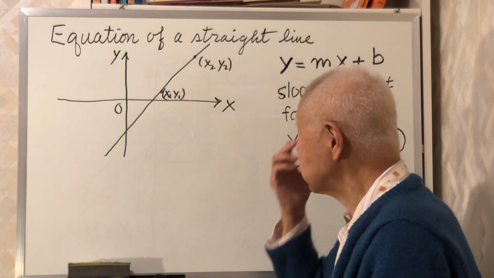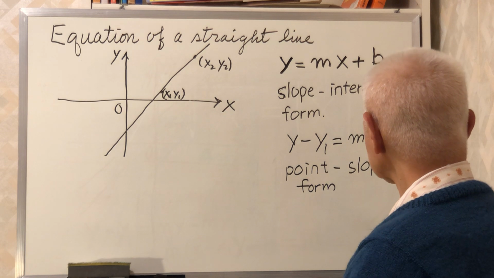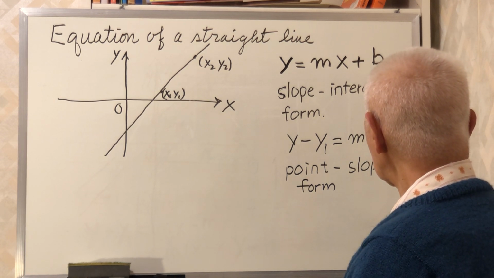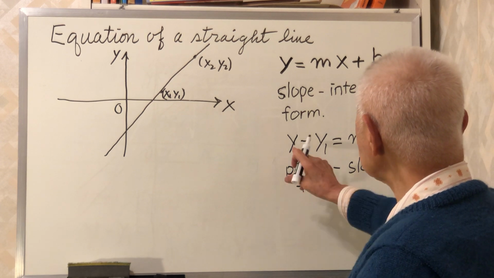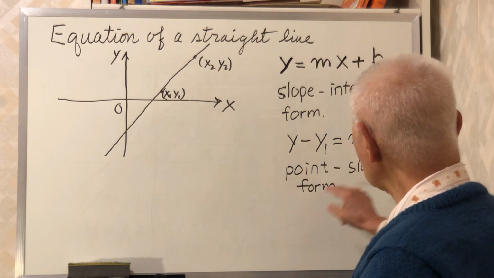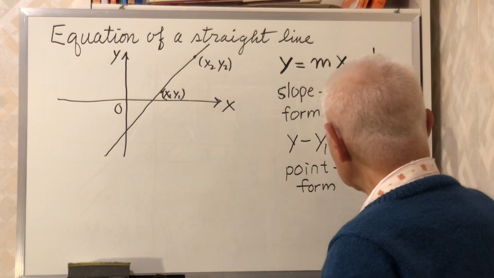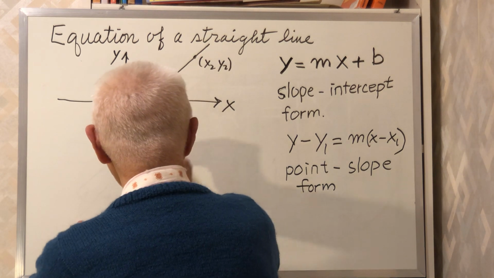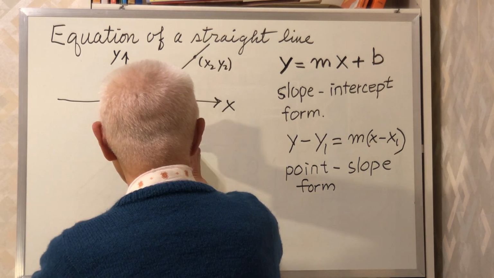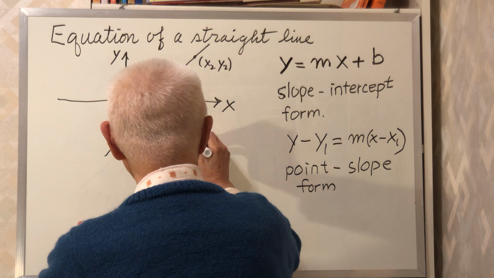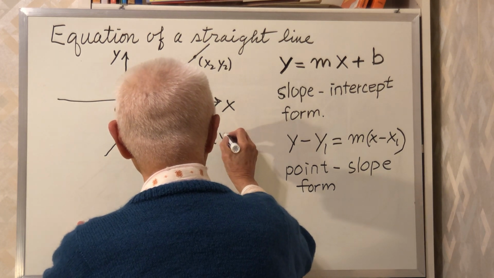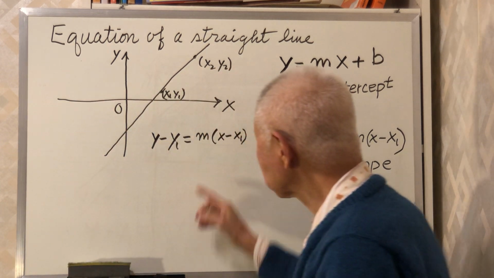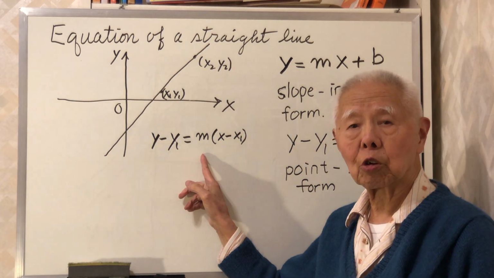Let's do this. Let us still use the point-slope form. Y minus y1 is equal to m times x minus x1. This is my point-slope form.